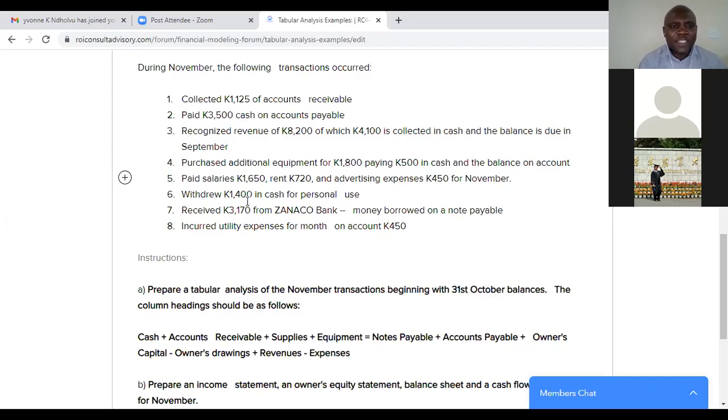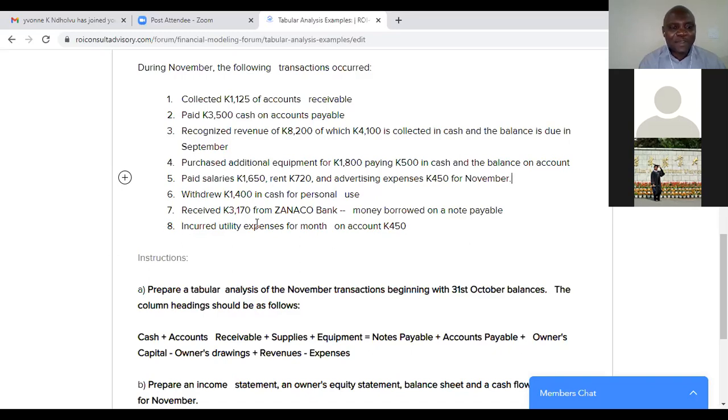Withdrew 1,400 in cash for personal use. I hope we don't find ourselves in a situation where you're withdrawing more than what you have in the account. That would be a problem. Let me just check. Okay, it's okay.